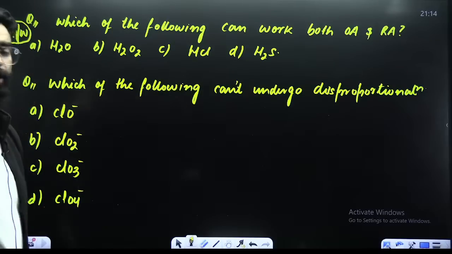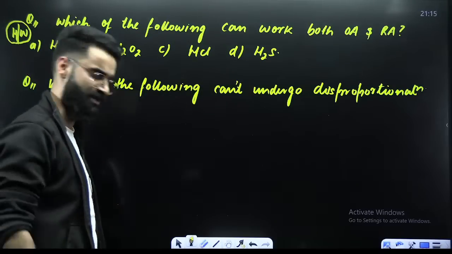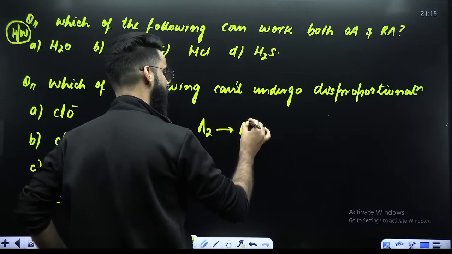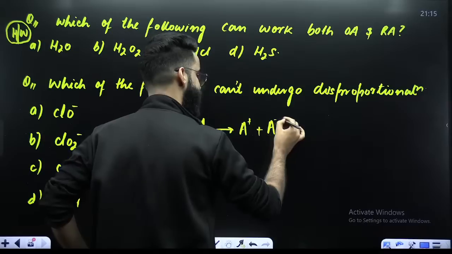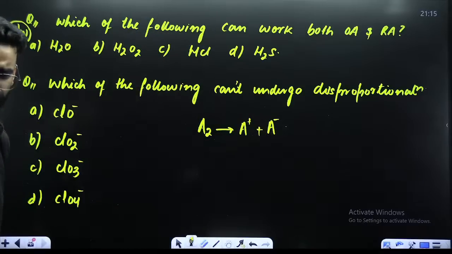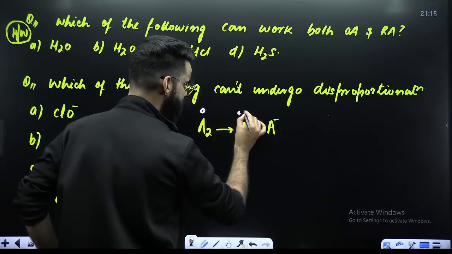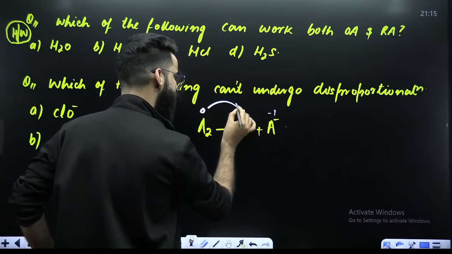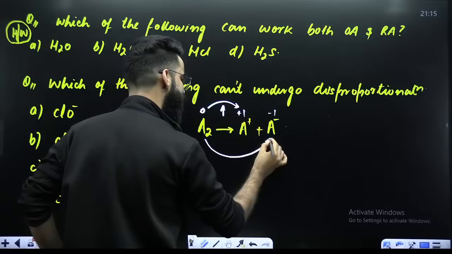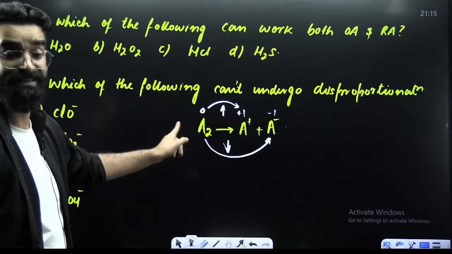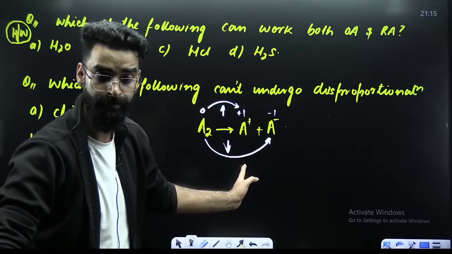Now, which of the following cannot undergo disproportionation? What is disproportionation, first of all? For example, let's say you have A2, and it's getting converted into A+ plus A-. The oxidation state of A here is 0, here it's +1, here it's -1. 0 to +1 means increase. 0 to -1 means decrease. So can I say the oxidation state of the same element is increasing as well as decreasing?